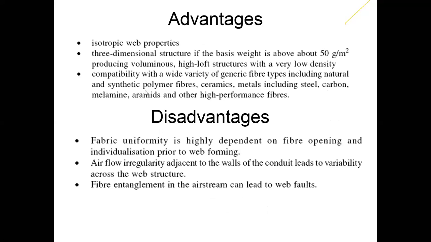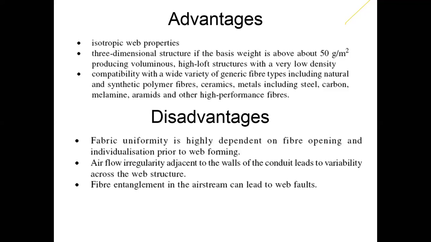So what are the advantages and disadvantages of isotropic web? As I told you, if the fibers are oriented in one direction, it is anisotropic. If the fibers are randomly arranged, then it is called isotropic, meaning the property of the fabric is the same in all directions.